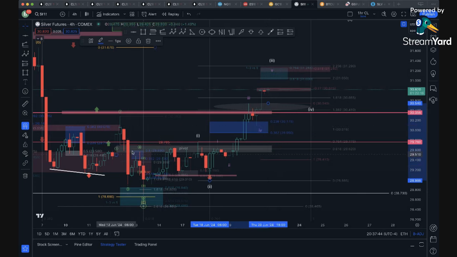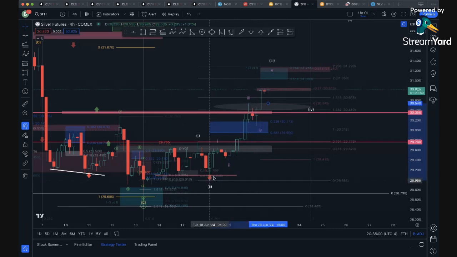But because of the increased volatility in the way silver behaves, I'm looking for a wave 4 that came deeper. Also, because this wave 2 was so shallow, I was expecting a wave 4 to come deeper.